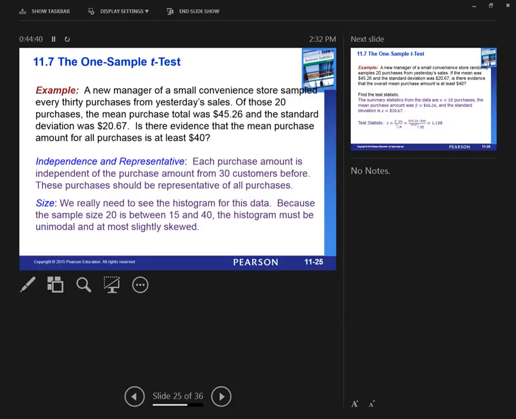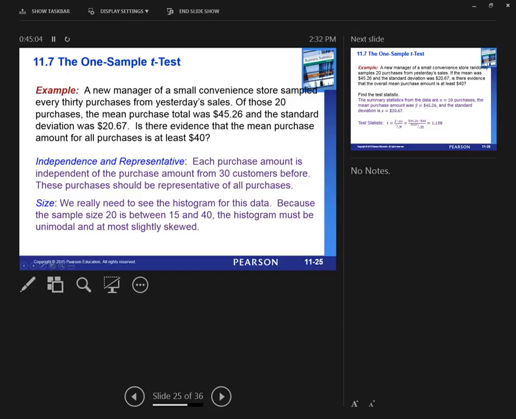All right, let's check our conditions. Again, it's not random, but do we have independent observations? Independence means one outcome doesn't affect another. And so 30 purchases ago, how much those people spent is not going to affect what the current customer spent. So yes, they're definitely independent of each other. And are they representative of all purchases?